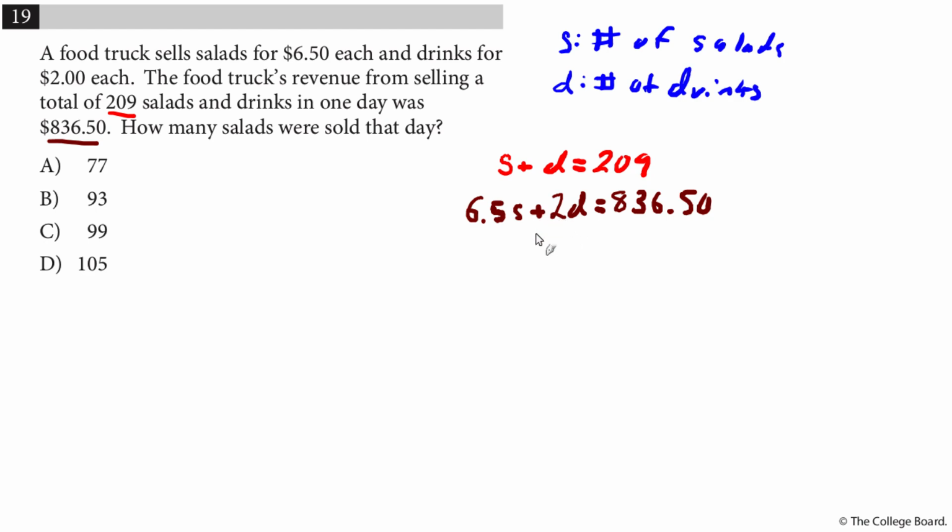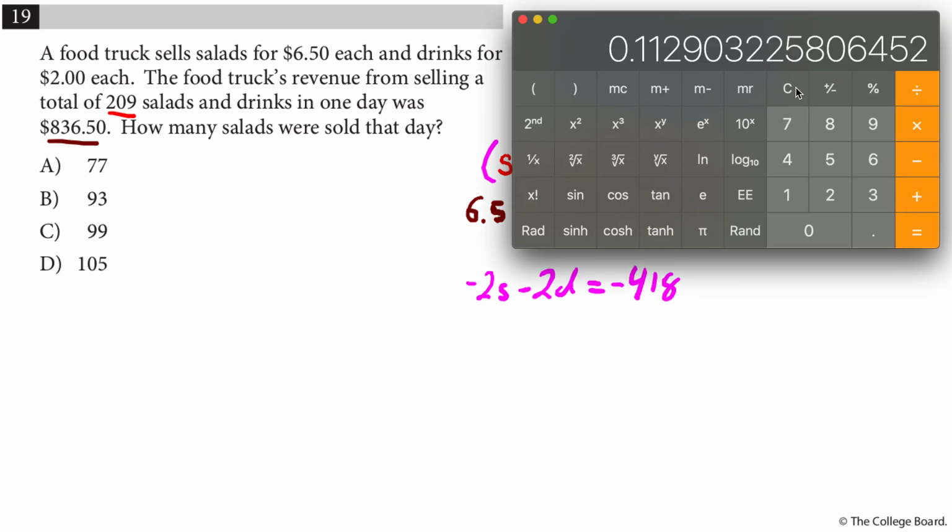There's another way to do this, but let me finish this off first. So I'll go through and solve this system, and I'll solve it as I would do many. So I want to eliminate things, and I can see that if I multiply this by -2, the D's will cancel. So let me do that. Multiply that by -2, and that will give me -2S minus 2D equals, that's going to be -418. Again, this is a calculator test. Feel free to use the calculator if you need to.